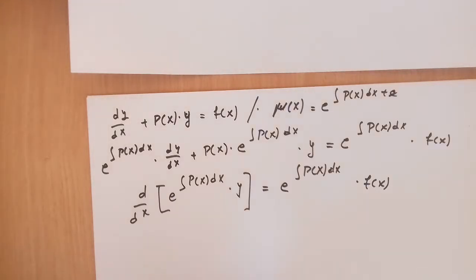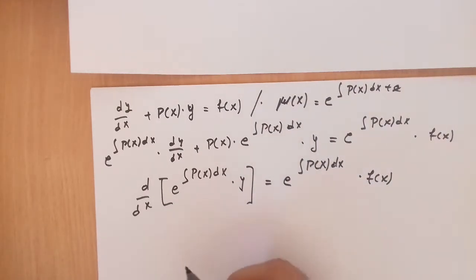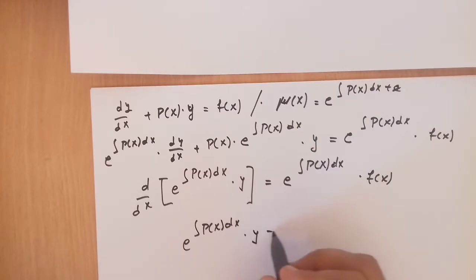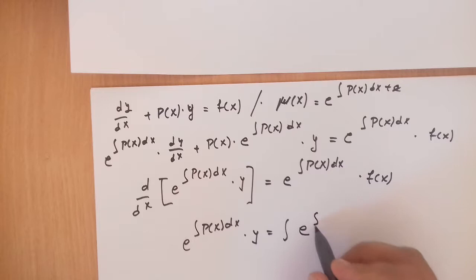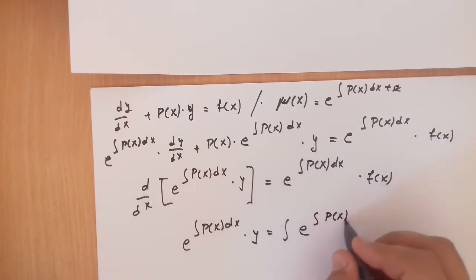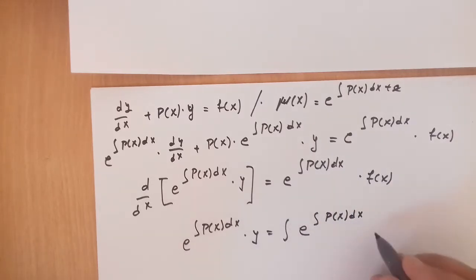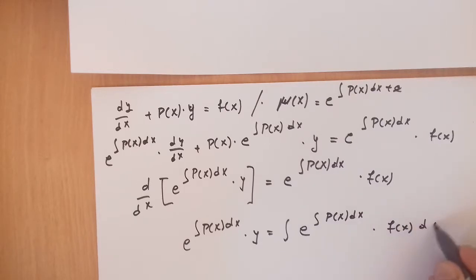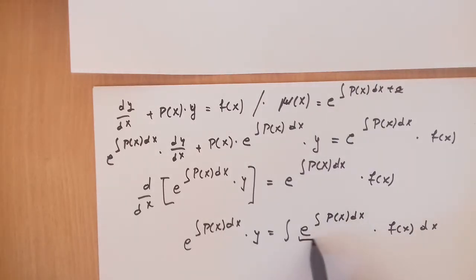And now we can write e to the integral p of x dx times y, which is the integral of e to the integral p of x dx times f of x dx. So this is the other integral, this whole integral times f of x.